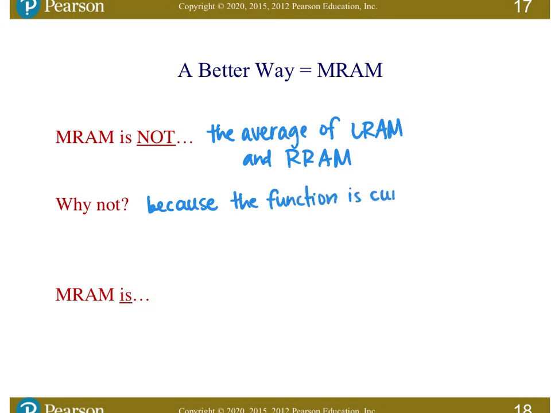And so a curve doesn't mean a perfect average. A curve means part of the left is going to be a lot lower than part of the right. So because the function is curved, you can't just say, oh, MRAM is going to be the same as the average. Those are two different things. So MRAM is a better estimation method.